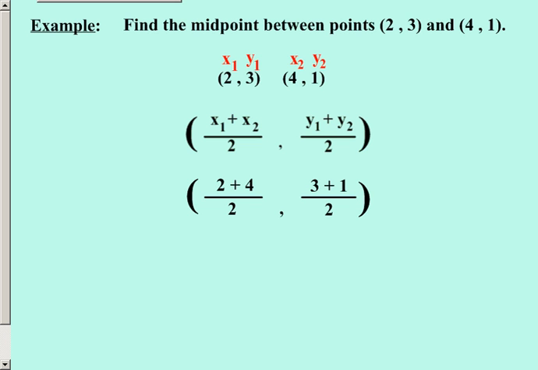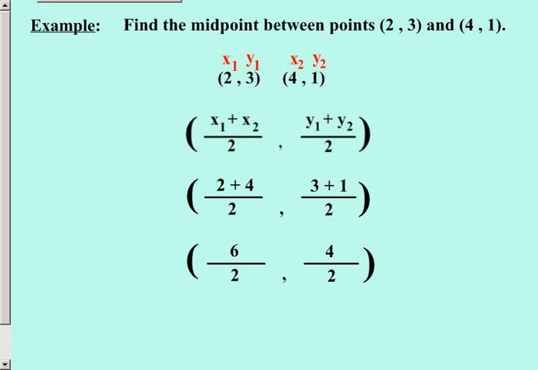Now what we want to do is we want to simplify the binomials in the numerators before trying to divide by 2. So on the left side of the problem, our numerator is a 2 plus 4, which is 6. And on the right side numerator, we have a 3 plus 1, which is a 4.